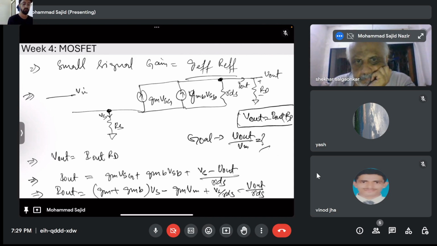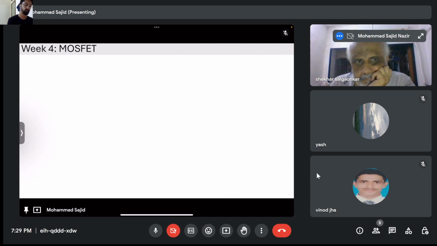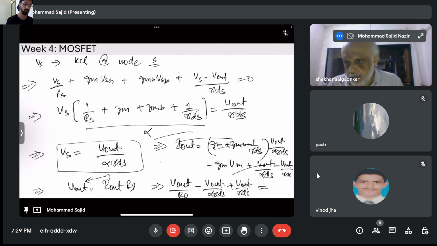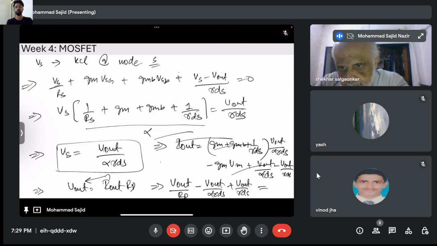So we put the values and you will see that this alpha term, alpha 1 by S, has some common terms. You can just check the manipulation and come up with the answer. Try to get the correct R out for the previous questions and then match the two. If there is some difference, you can bring it up in the next session.